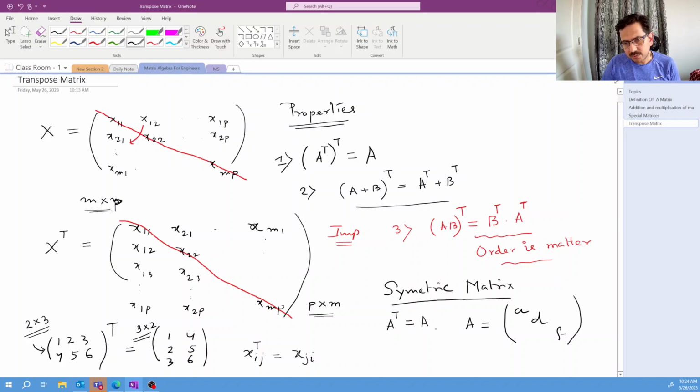If you do the transpose, you still get the same matrix. That means the elements swap, right? So this one and this one are the same, and this one and this one are also the same, and this one and this one are also the same.